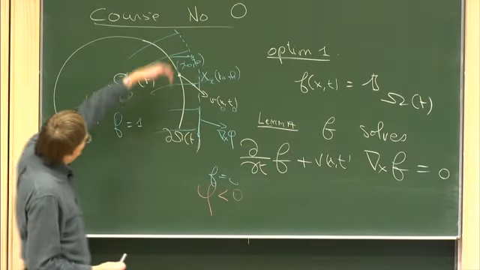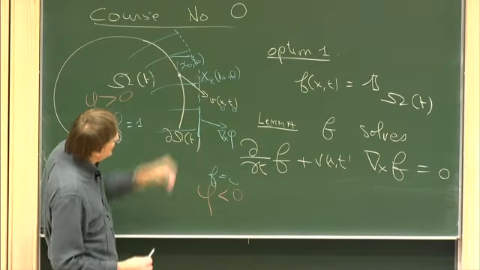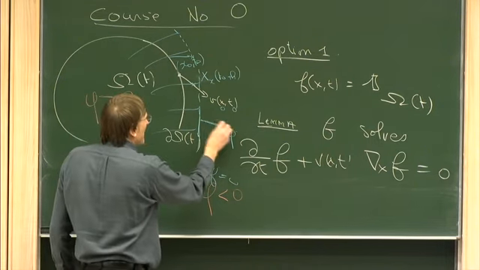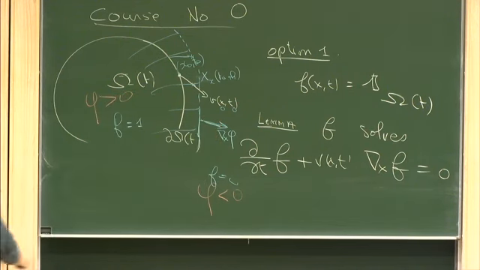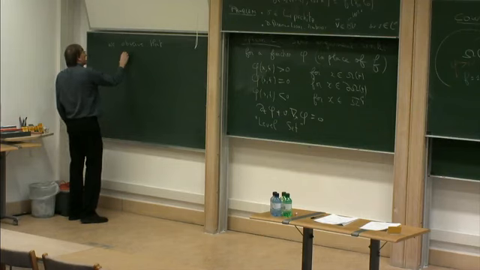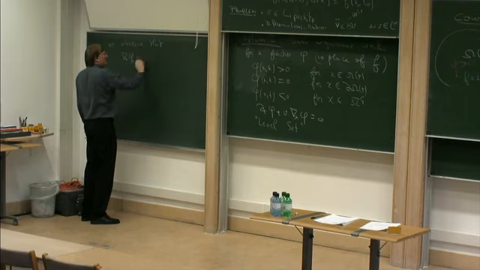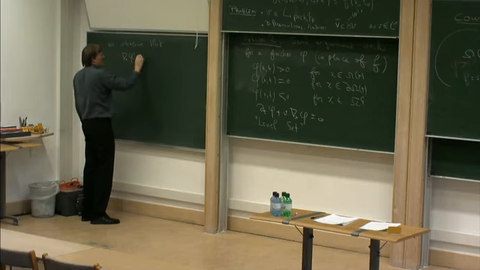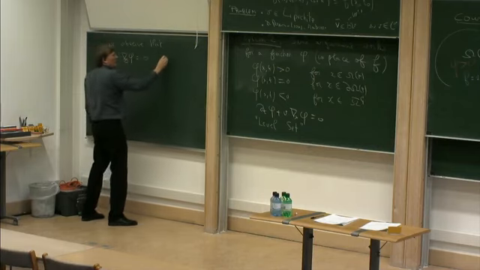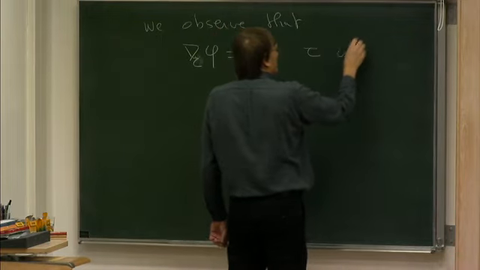Because the gradient of phi in this direction, the derivative along the tangential direction is 0, because phi is 0. So now you can observe that grad tau phi is 0, where tau is tangential.